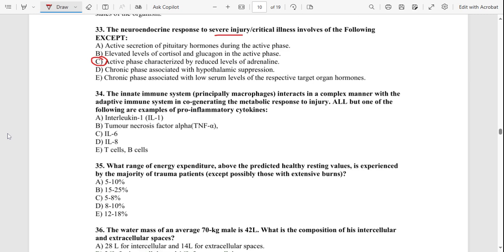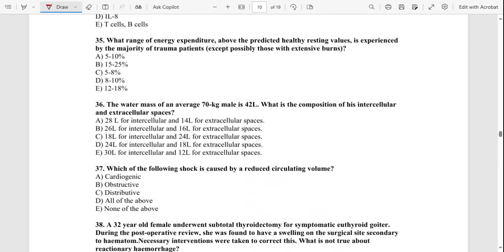Number 35. What range of energy expenditure above the predicted healthy resting value is experienced by the majority of trauma patients, except possibly those with extensive burns? 5 to 10, 15 to 25, 5 to 8, 8 to 10, 12 to 18.